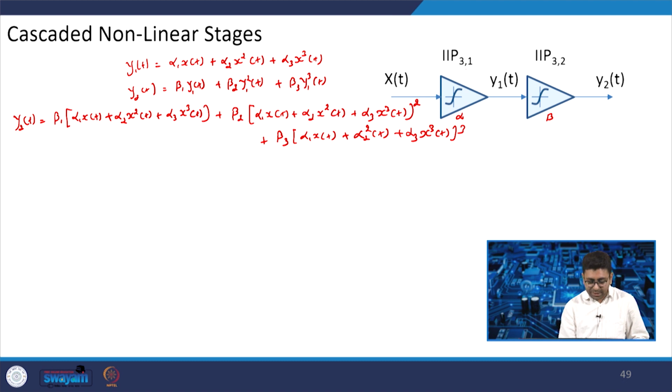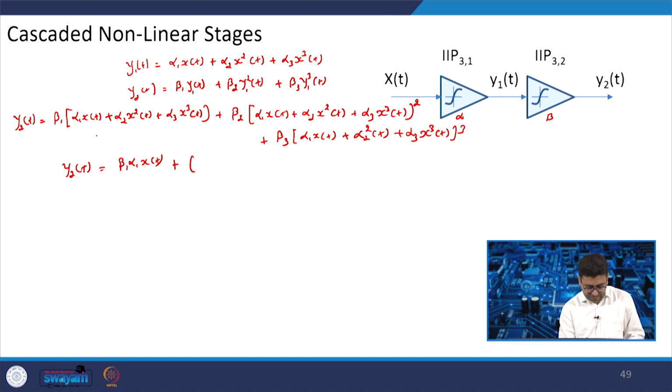So, if we take the first order and third order terms in this, you can write y2(t). What are the first order terms? Beta 1 alpha 1 x(t), that is the first order; you will not find any other first order term. And there is a third order term, the first of which is given by alpha 3 beta 1.